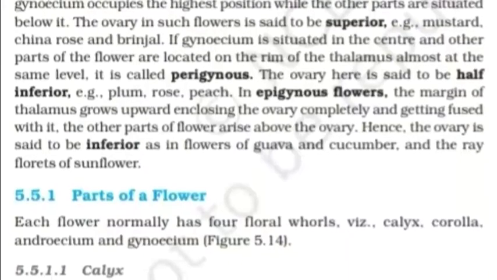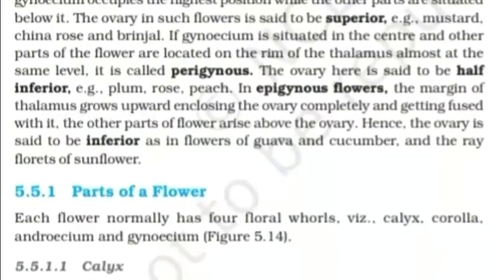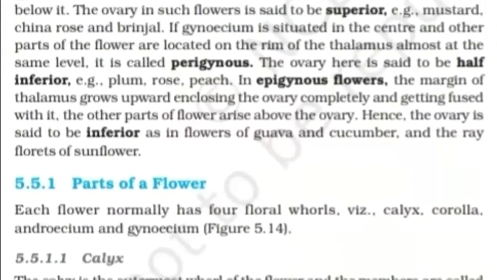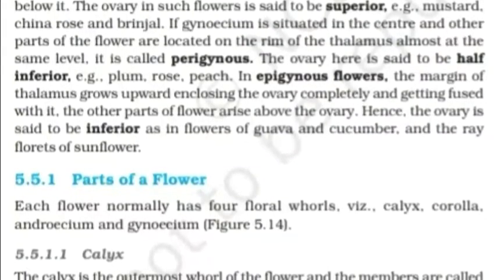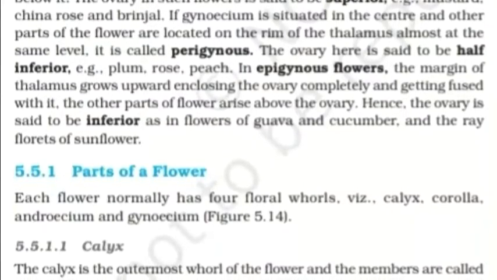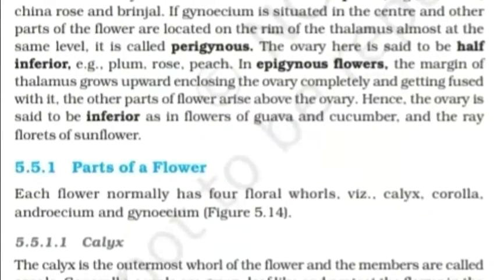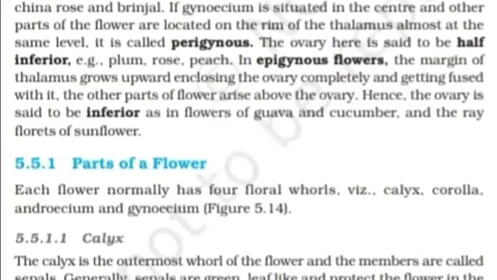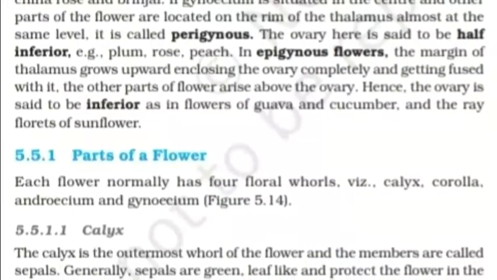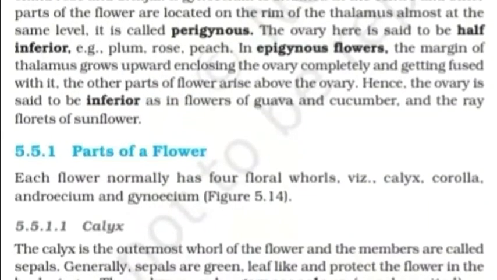If gynoecium is situated in the center and other parts of the flower are located on the rim of the thalamus almost at the same level, it is called perigynous. The ovary here is said to be half inferior. Example: plum, rose, peach.